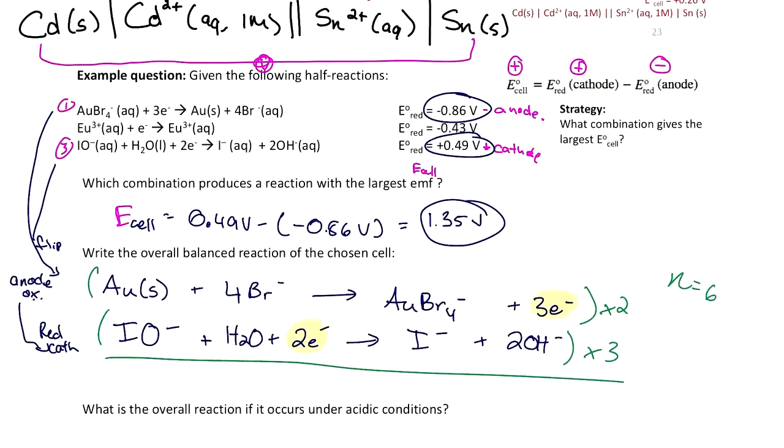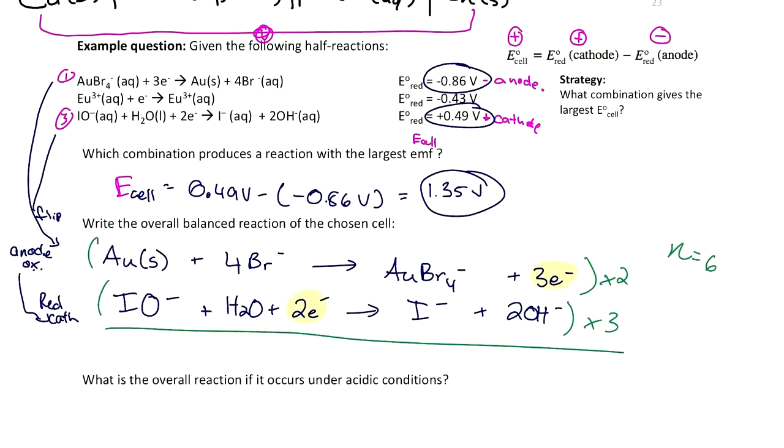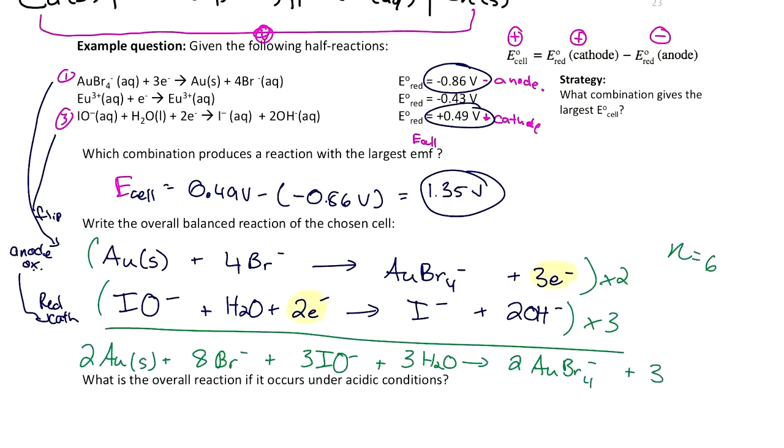So the total balanced reaction is 2 golds plus 8 bromides plus 3 IO minuses plus 3 waters give us 2 gold bromide complexes plus 3 I minuses plus 6 hydroxides.